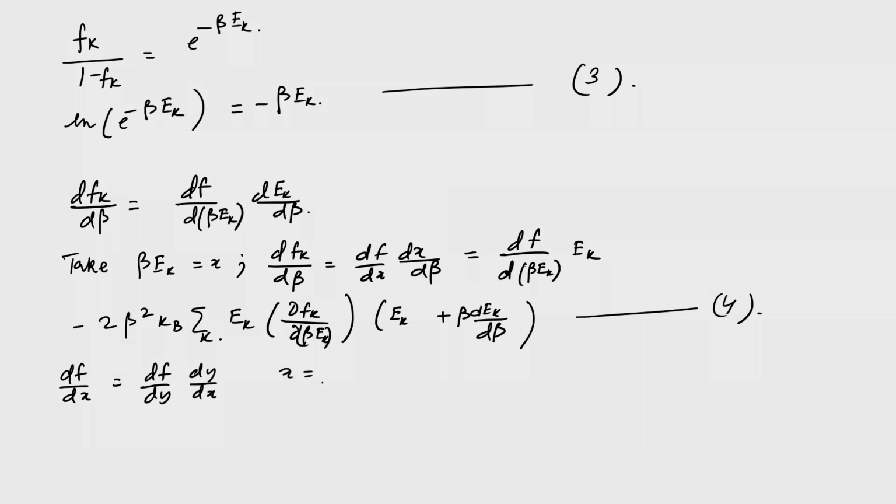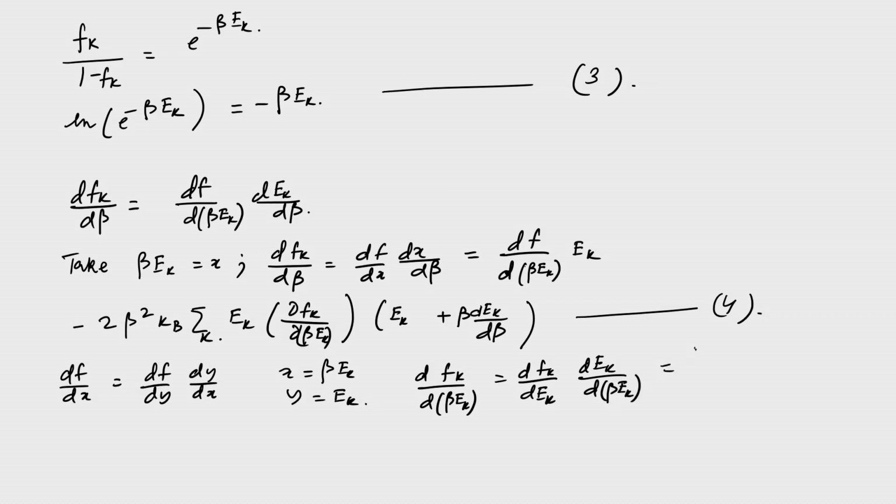So, if you take x equal to βE_k and y equal to E_k, then df_k/d(βE_k) is equal to df_k/dE_k and dE_k/d(βE_k), which is equal to 1/β · df_k/dE_k.